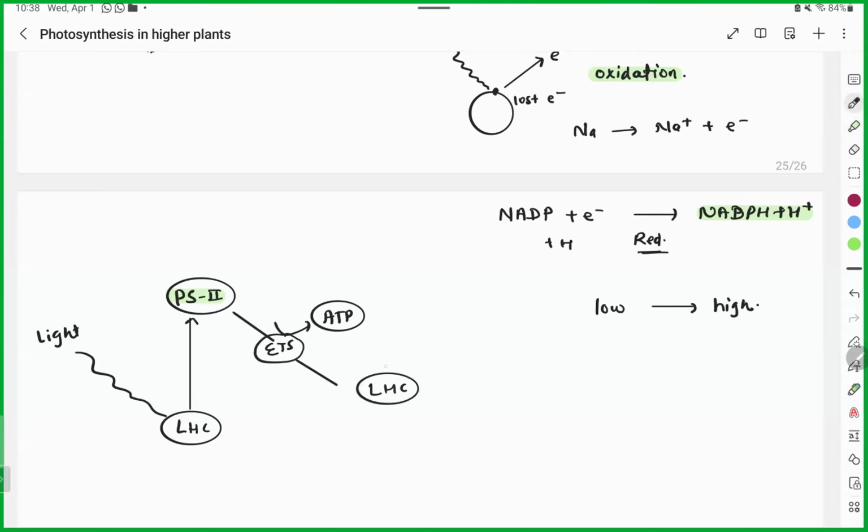Then again, light will also fall on another light harvesting complex simultaneously. So this electron will also get excited to PS1, like pizza reaching you, and your hunger NADP converts into the more satisfaction level, more energy level, NADPH.